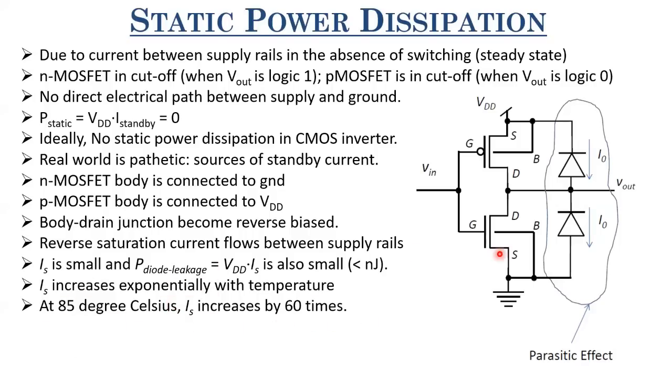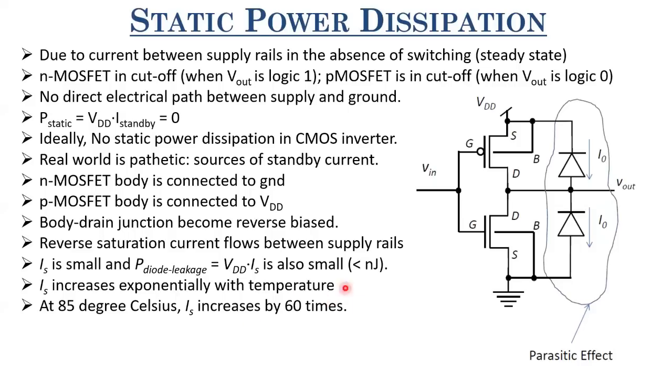The typical operating temperature of these ICs is close to 55 degrees Celsius. I mean, it's more than room temperature always. And it may get heated even to the extent of 85 degrees Celsius during runtime. So in that case, IS increases significantly, and it may contribute towards some leakage, but still it's pretty small.